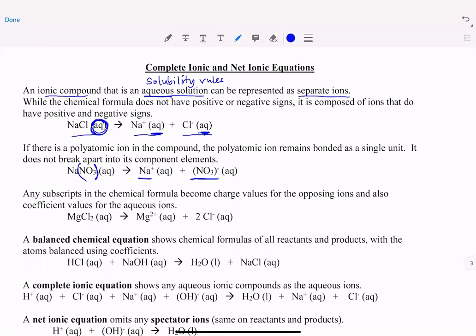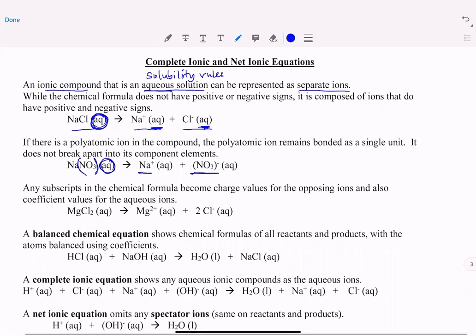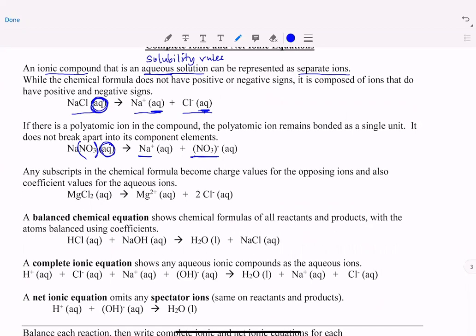Because this was AQ, you can break it apart into the separate ions. Also, something we saw earlier that becomes more important now: any subscripts that are part of the chemical formula get picked up and become charge values. They also become coefficient values for the other ion.